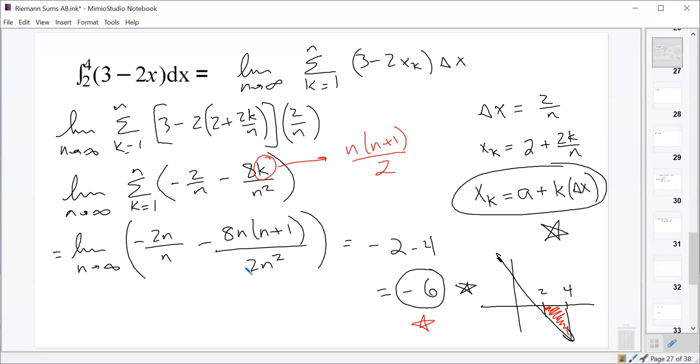And then this summation just says add together n of these things. So n -2 over n's is -2 over n times n. If I'm adding together a bunch of numbers that's the same number every time, -2 over n plus -2 over n plus -2 over n, n times, it's -2 over n times n. All right.